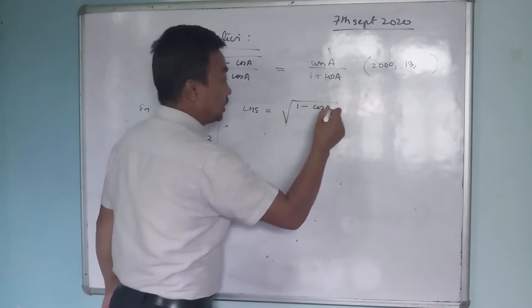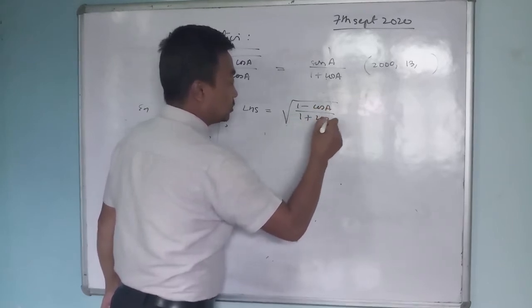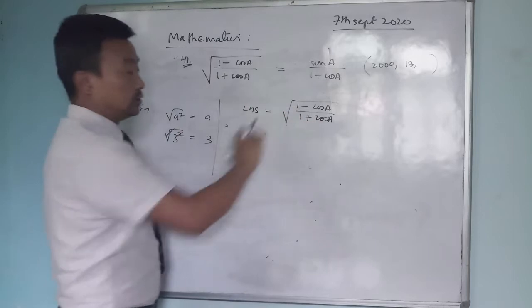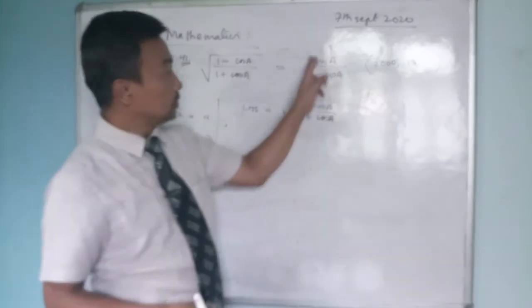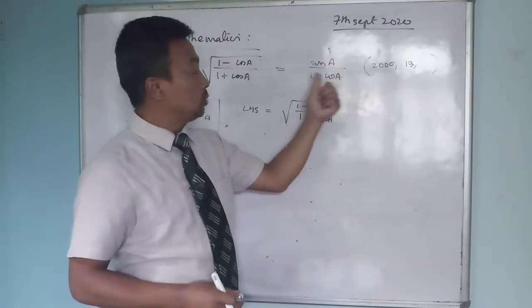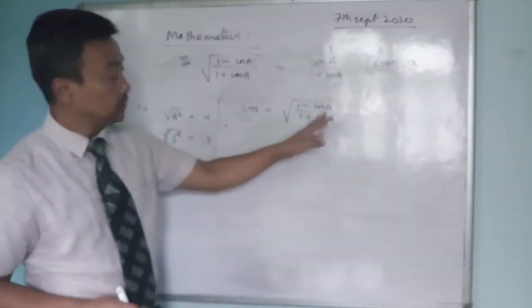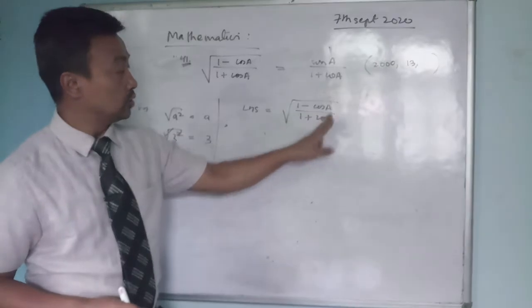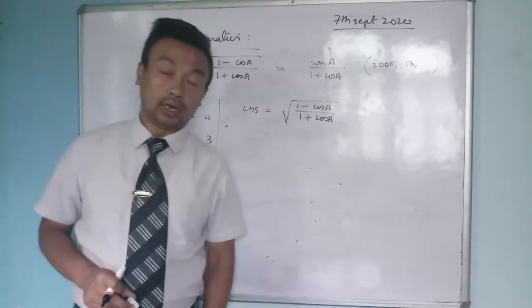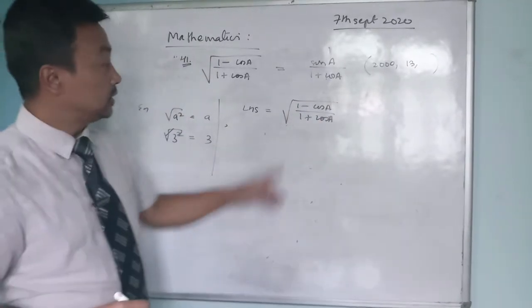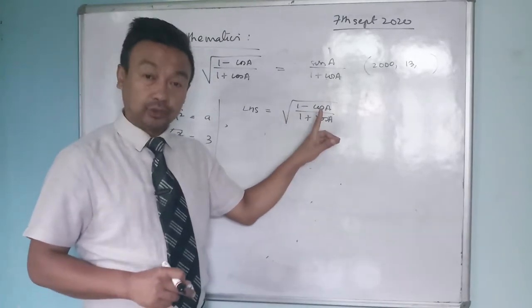1 minus cos A, 1 plus cos A. First check the trigonometric ratios inside, and on the right hand side there is 1 plus cos A, so no need to change this cos A. Now you should only focus on making this whole square. How can you make this square? We can make this square by rationalizing.